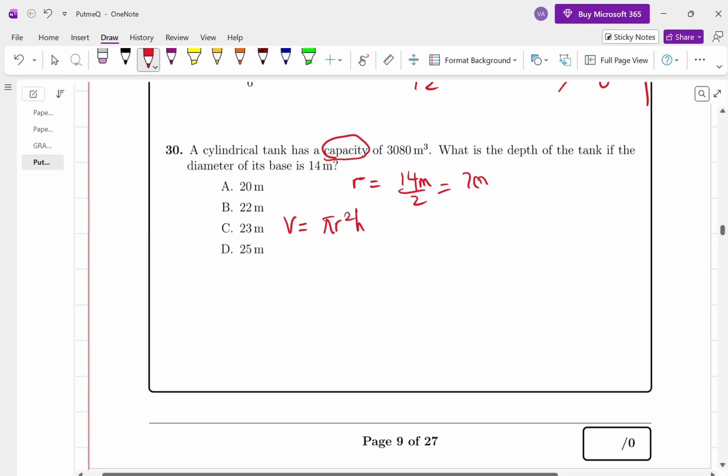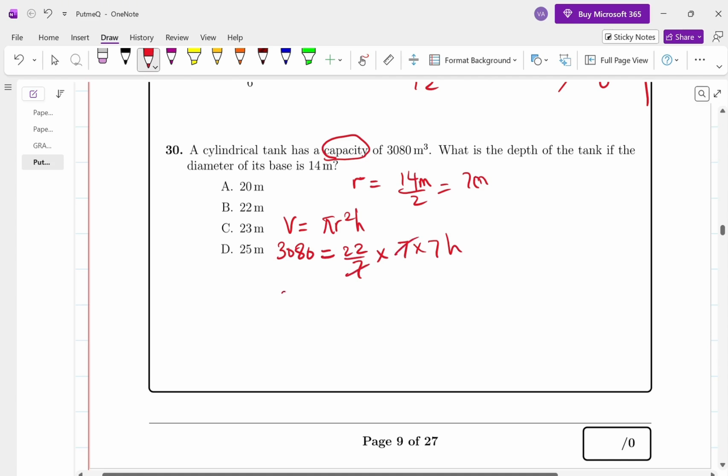So the volume is 3080 equal to pi, which is 22 over 7. The radius is 7, and then we're going to put 7 times 7. Then the height is not known. We don't know what the height would be. Okay. So 7 can cancel 7 here.